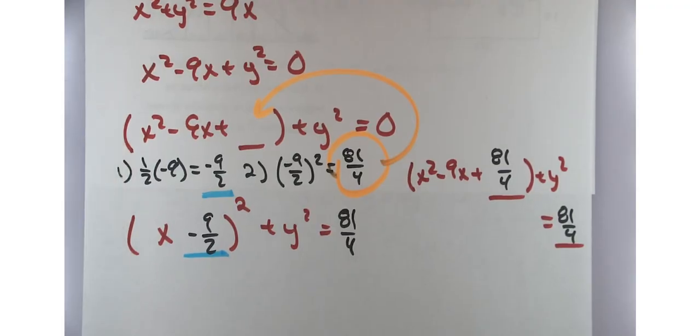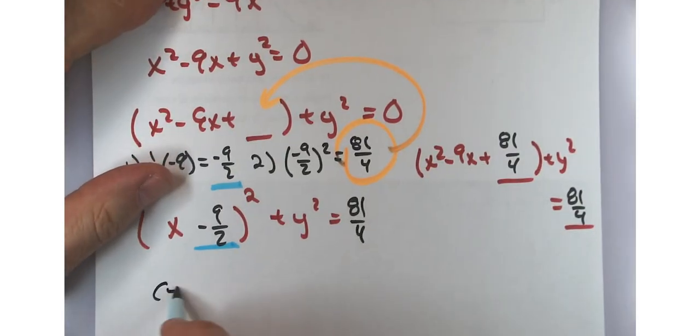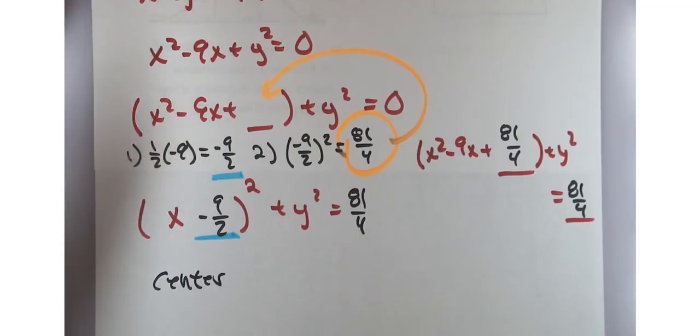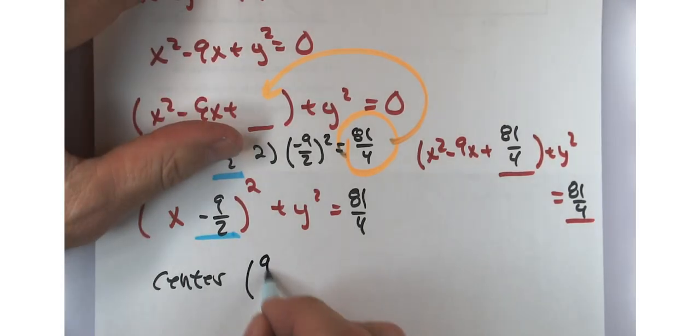Let's take a look at our center and radius. Why don't you take a look at the center and radius for a moment, see what you can come up with. Kaiser, what do you get for the center? 9/2, 0, good.